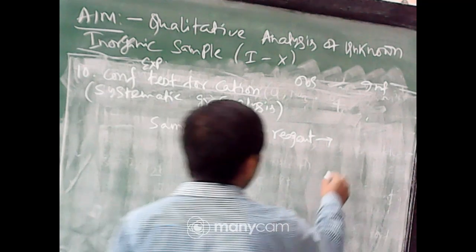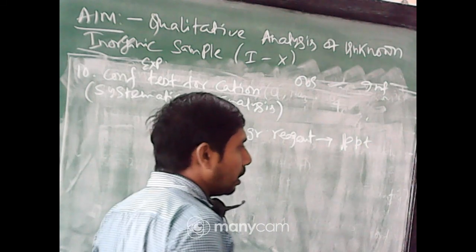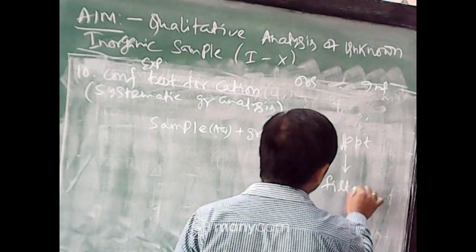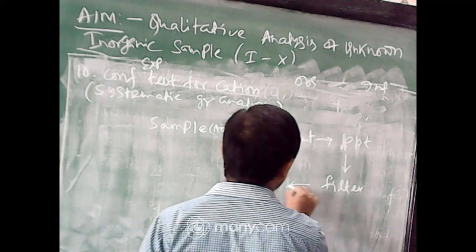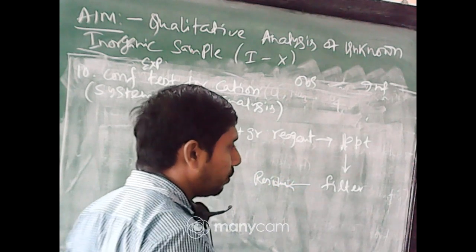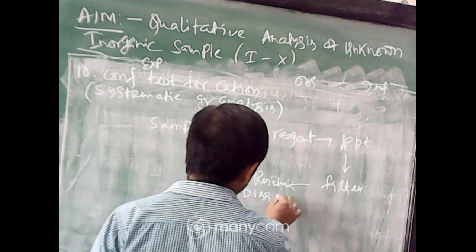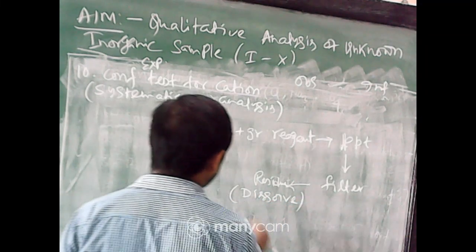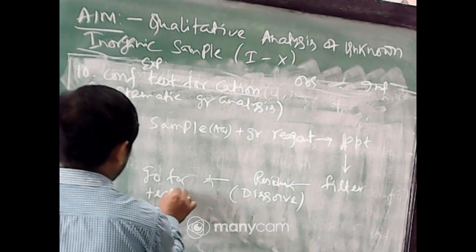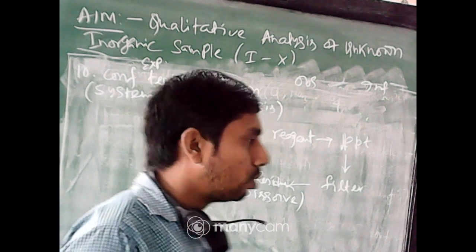It might be white, it may be colored, etc. Now you have to filter this PPT, and taking the residue in the filter paper, you have to dissolve this residue and then go for the test. This is the actual format, what we have to do.